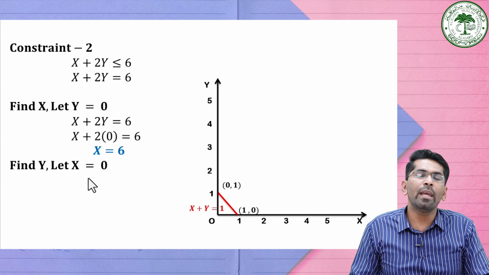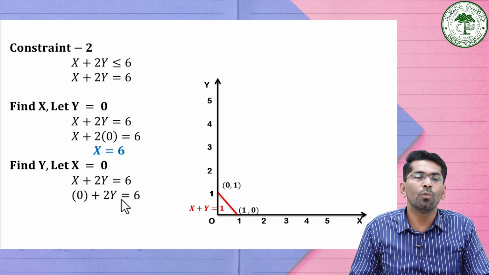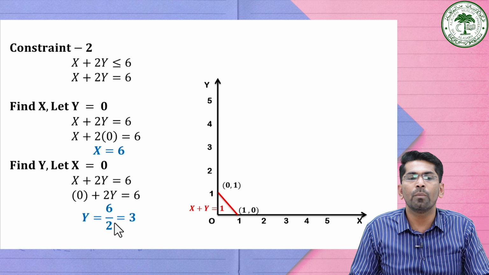Similarly, by assuming x is equal to 0, what is the value of y? Then it is 2y which is equal to 6. Dividing both sides of the equation by 2, y is equal to 6 divided by 2, which is equal to 3. So when x is equal to 0, the value of y is equal to 3.